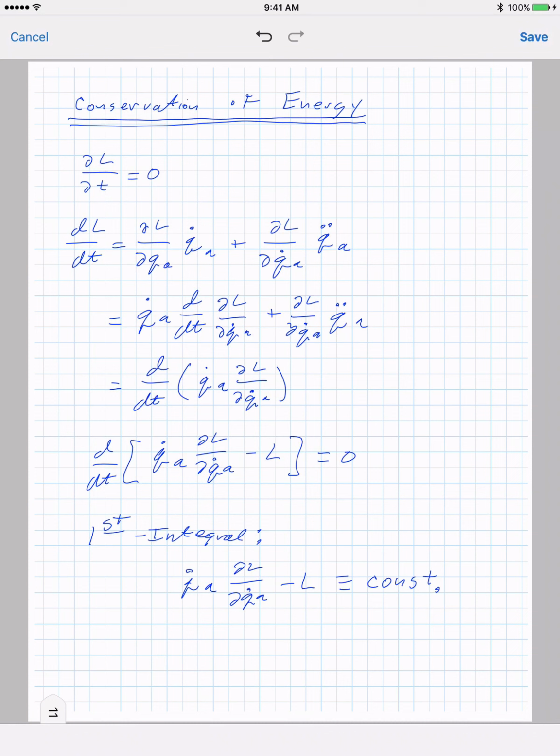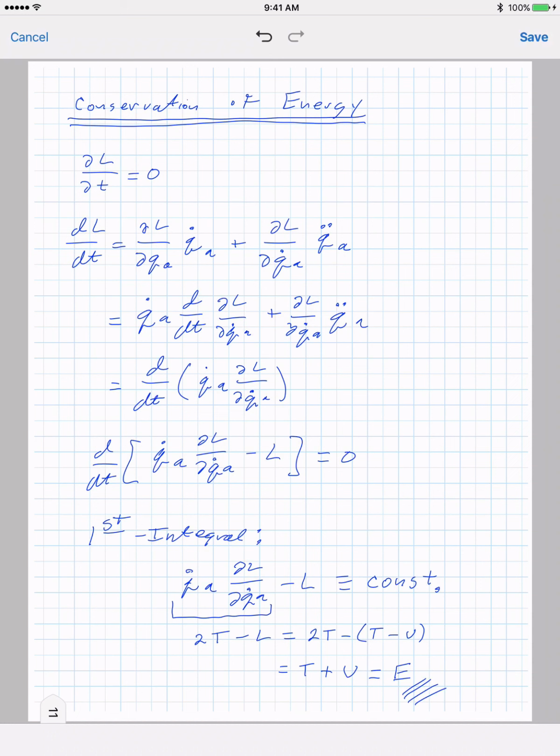Well, we can pretty quickly look at this expression here and recognize that that is 2T, and then we're subtracting L from that, so that's going to be 2T minus T minus U, and lo and behold, that's equal to T plus U, and just for fun, let's give that the symbol E, and we recognize that that's actually the total energy of the system.